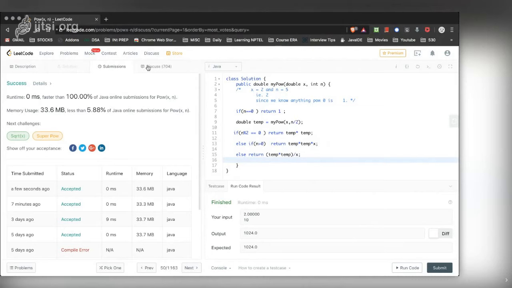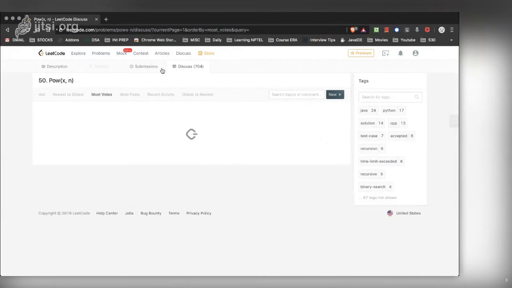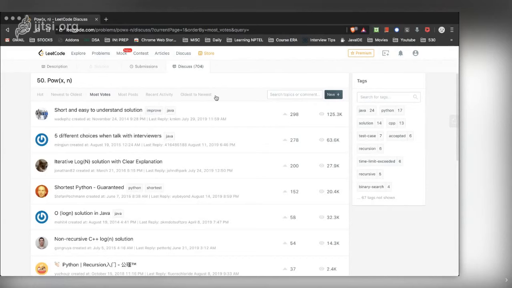If you look at the discuss tab here, you will find a lot of codes, but the main idea in this solution is divide and conquer.